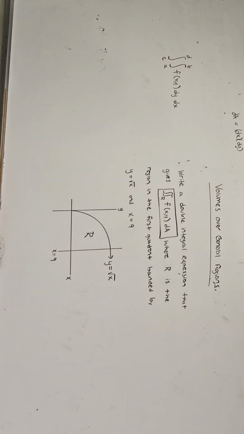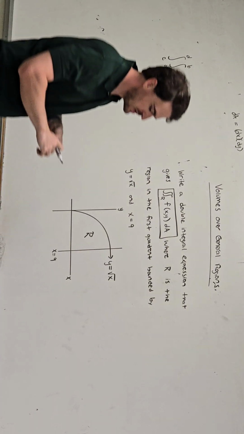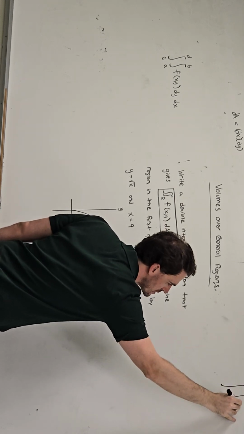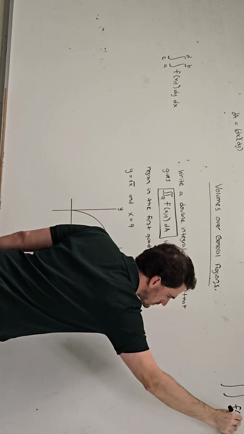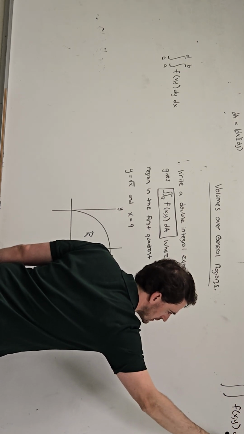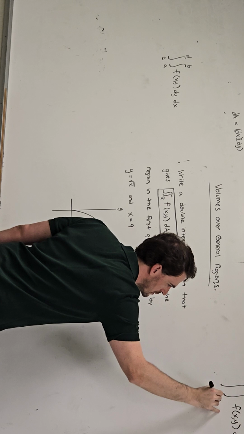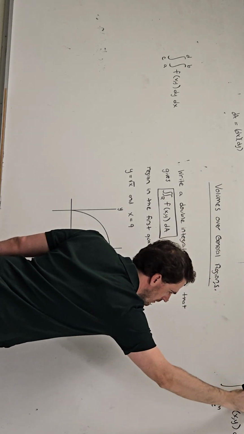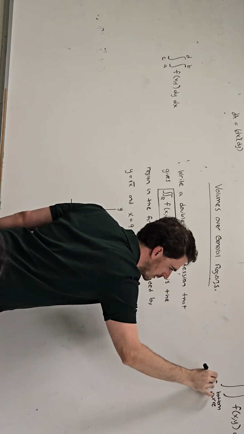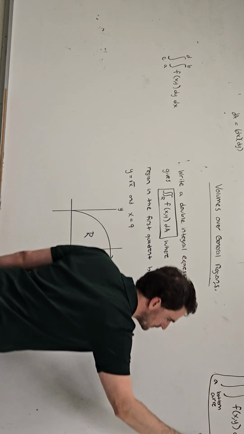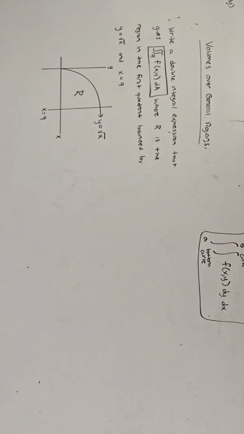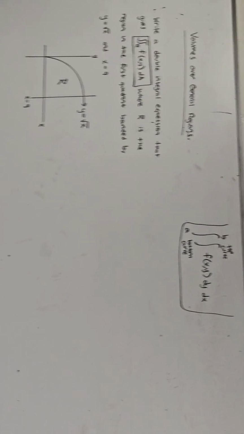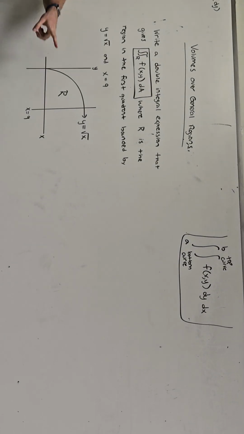The question is how to write a double integral expression. And this feels very familiar to something we were doing in Calc 2. So looking at the region R, we're definitely integrating from x equals 0 to x equals 9.